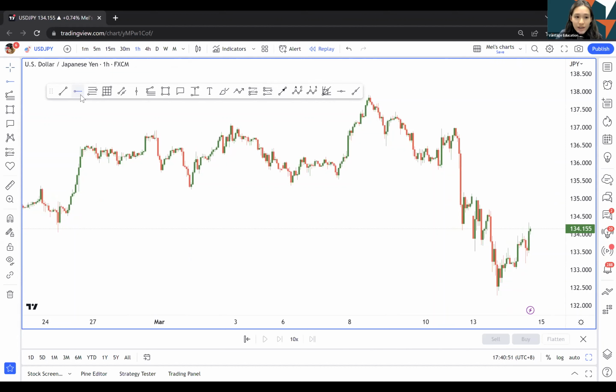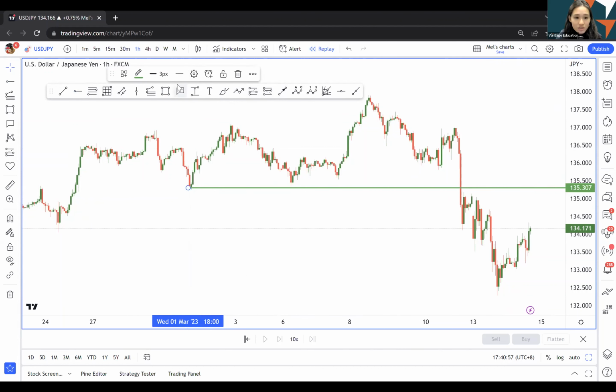If we take a look at this one over here, or this area in general, would this be considered a valid support level? Let me know in the chat what you guys think.